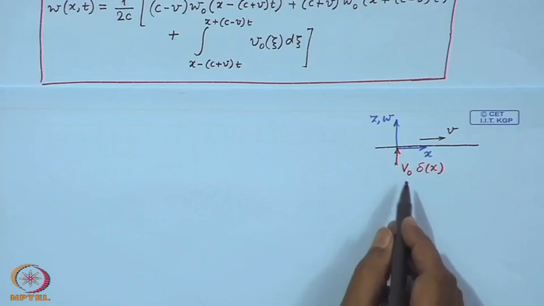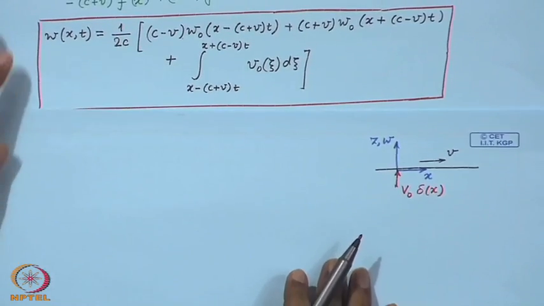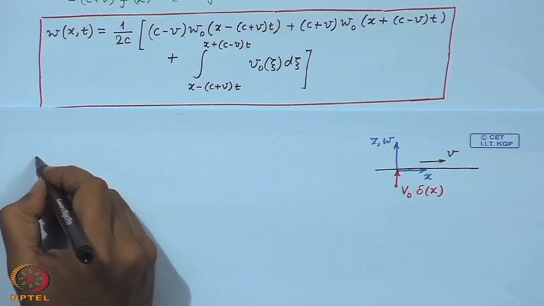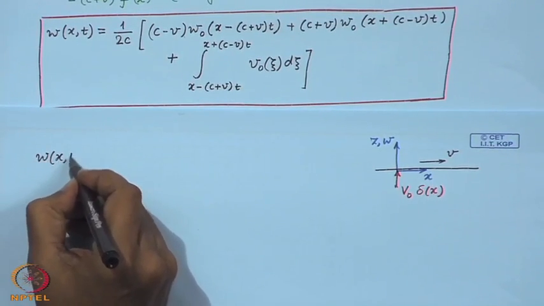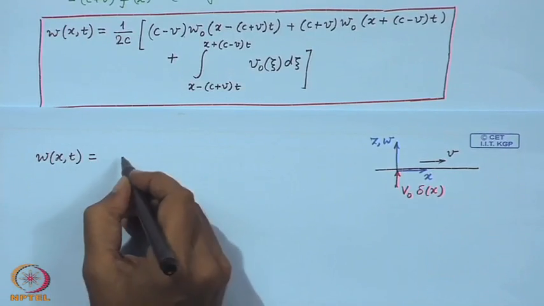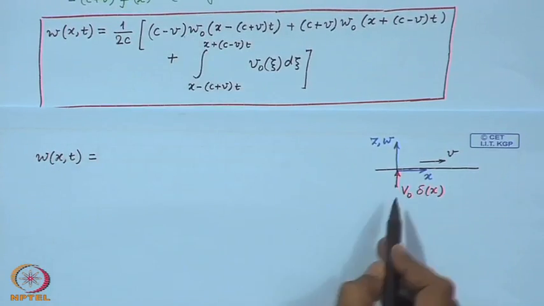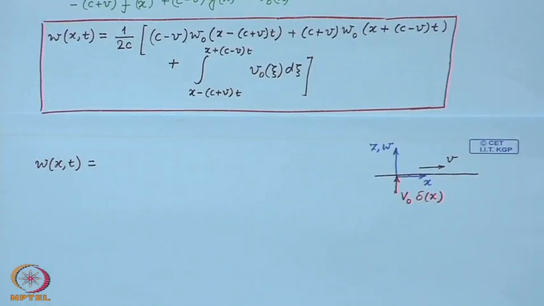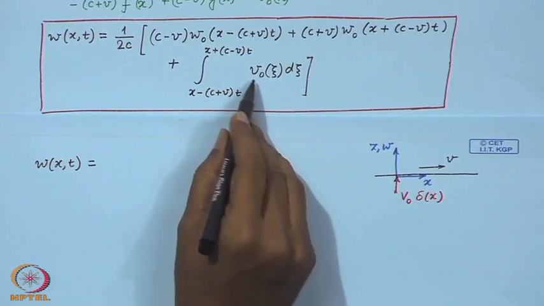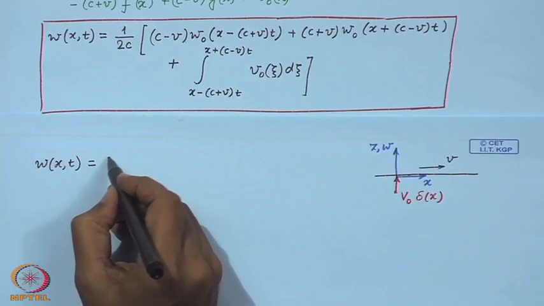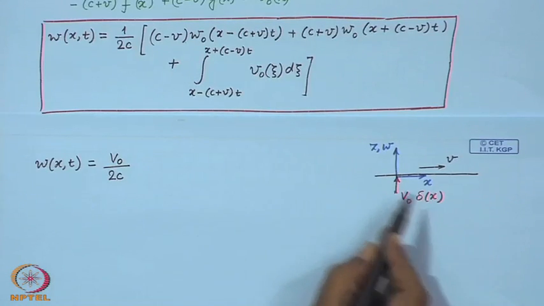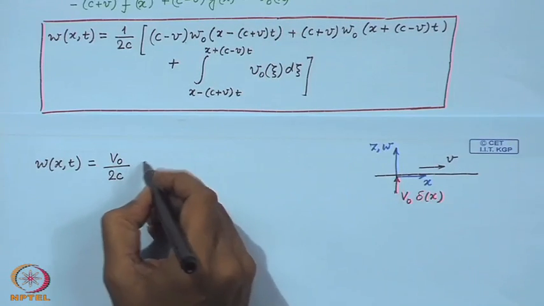So, if you use this in the solution, so here is our solution. So, what we obtain, so initial displacement is 0. So, w naught is 0. We have this initial velocity distribution, which is the Dirac delta function. So, this is obtained as, so integral of the Dirac delta function is the Heaviside step function.